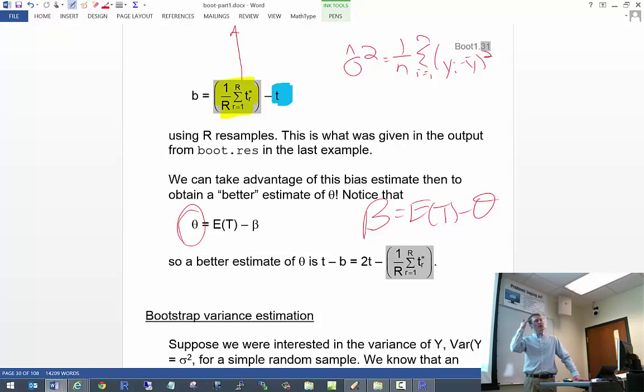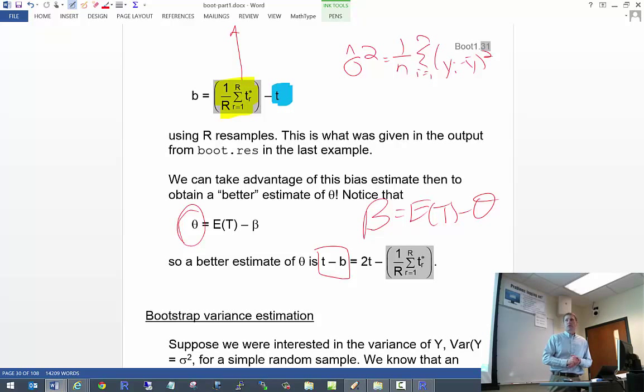That makes you think: if I know an estimate of the bias there, maybe I could use that with the statistic itself to come up with a better statistic to estimate my parameter. So a bootstrap bias adjusted estimator is simply T minus B. Whenever you are concerned about bias, instead of just using T as your statistic, use T minus B.